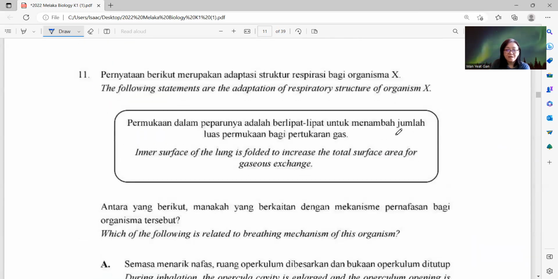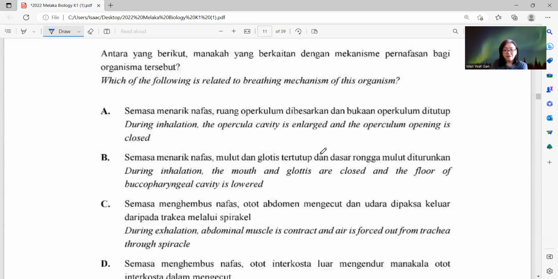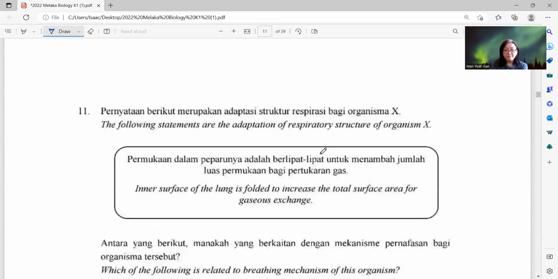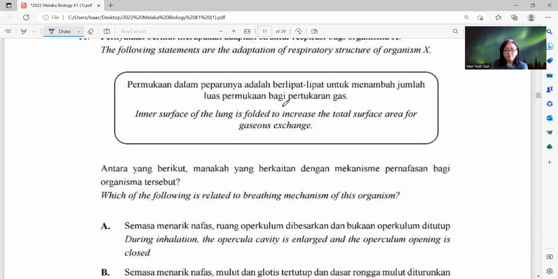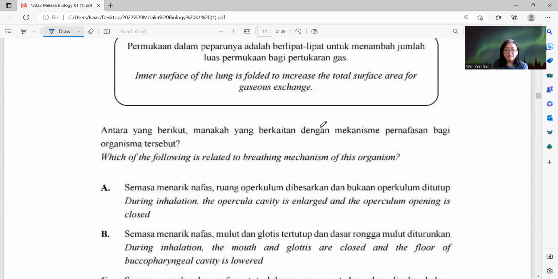Question 11. Which of the following is related to the breathing mechanism of this organism? It has an inner surface of the lung that is folded to increase the total surface area for gaseous exchange. This looks like a frog, which uses its mouth.